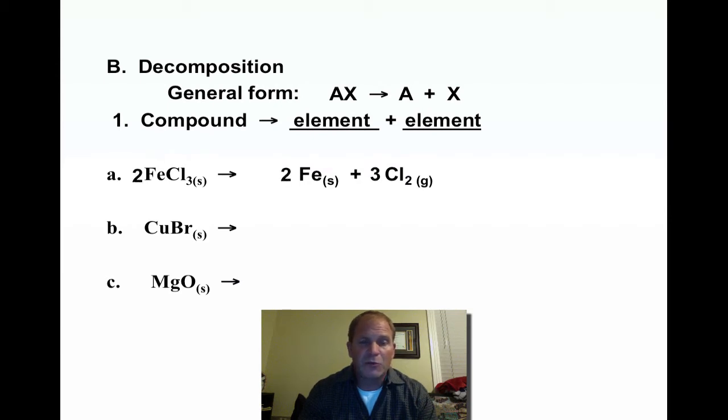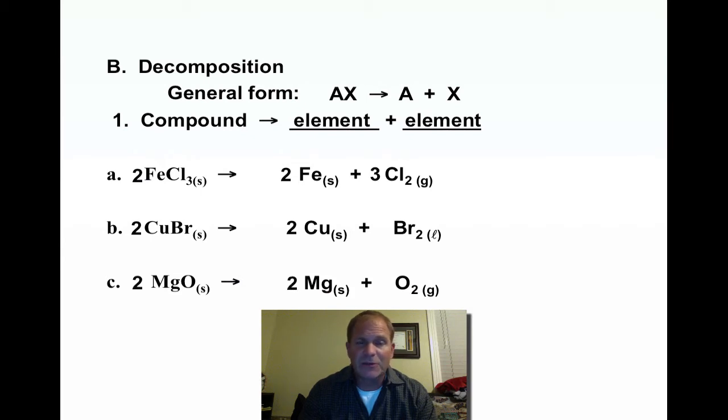My cuprous bromide breaks down to copper, and then bromine by itself as Br2, and then I just balance it. My magnesium oxide, my oxygen is diatomic, so it breaks down to Mg plus O2, and then I just balance it.